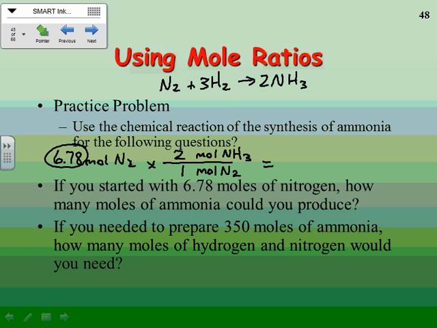These other numbers are exact numbers, and exact numbers have infinite sig figs, so you don't count these. You just look at the first one, the one you start with. So we need to round it to 3 sig figs. 13.56 would need to go to 13.6, and that's moles of NH3.